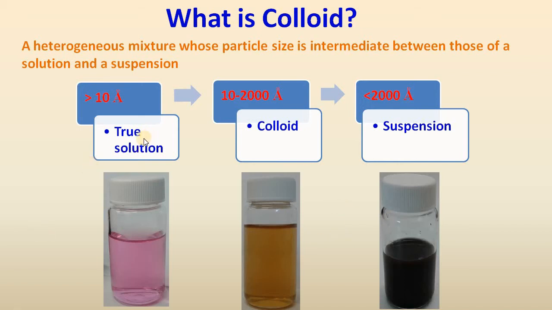In case of true solution, particle size is less than 10 angstrom, while in case of colloid, particle size is in the range of 10 to 2000 angstrom. On the other hand, in case of suspension, particle size is greater than 2000 angstrom.